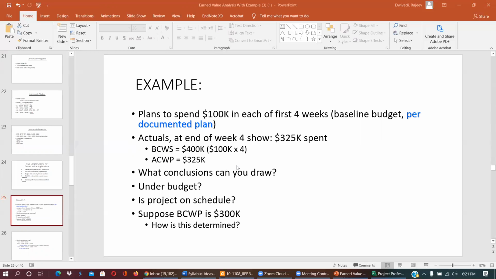What conclusion can you draw? Is the project under budget, or is the project on schedule? Suppose BCWP, the budgeted cost of work performed, is 300,000. So we have all three important parameters: BCWS, ACWP, and BCWP.